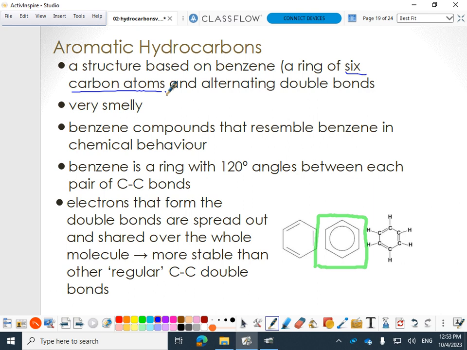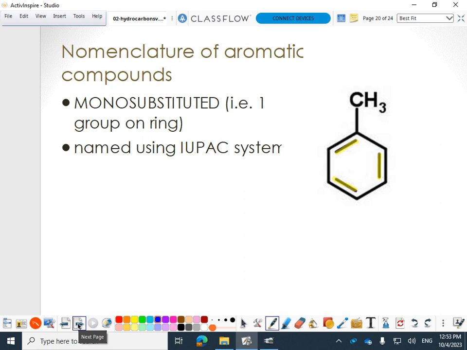So for example, this one has no beginning and no end. So what that means is you call the parent benzene, and then this is a methyl group because it's one carbon, and this is carbon 1. This could be carbon 1. Who cares?